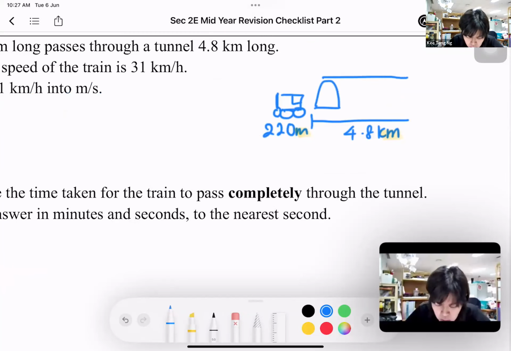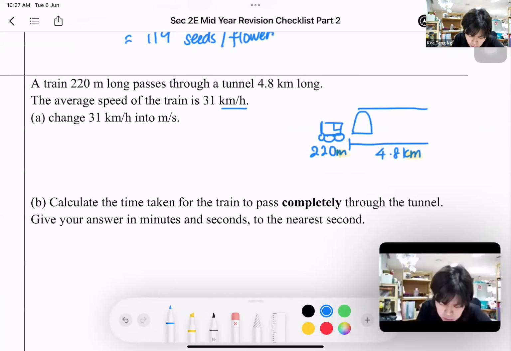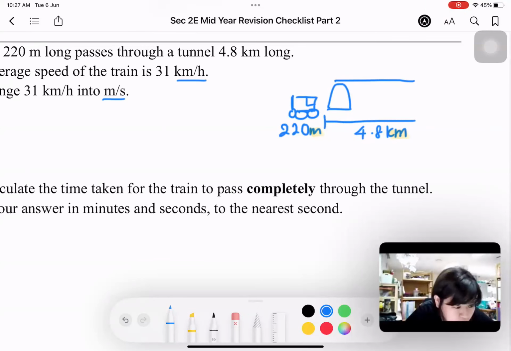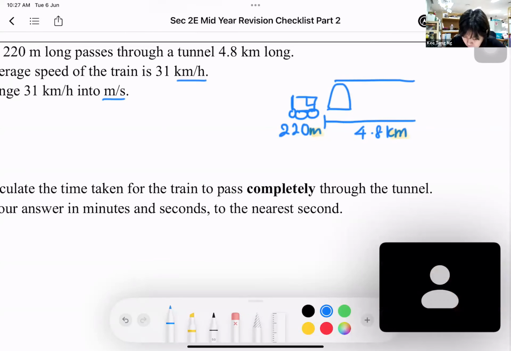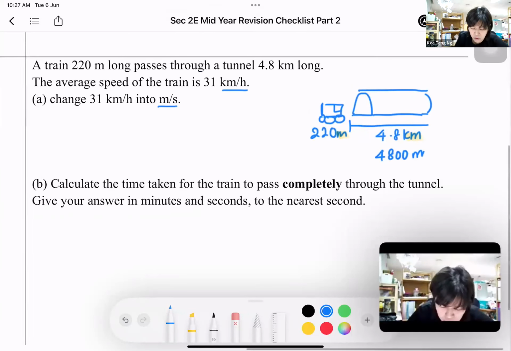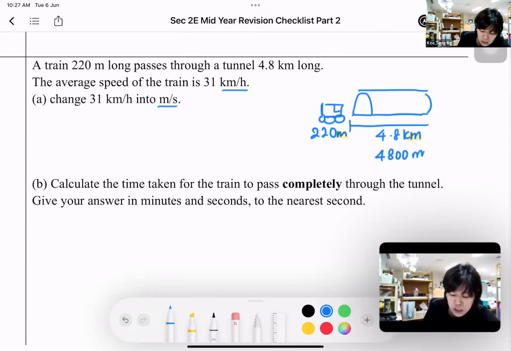In this case, since this one is kilometer per hour and they want meter per second, I shall change everything to meters. 1 kilometer is how many meters? 1,000. Thank you. So I times 1,000 to get 4,800 meters. So this vehicle needs to travel this far. Then they ask me to find the average speed of the train and change it into meters per second. 31 kilometers per hour.